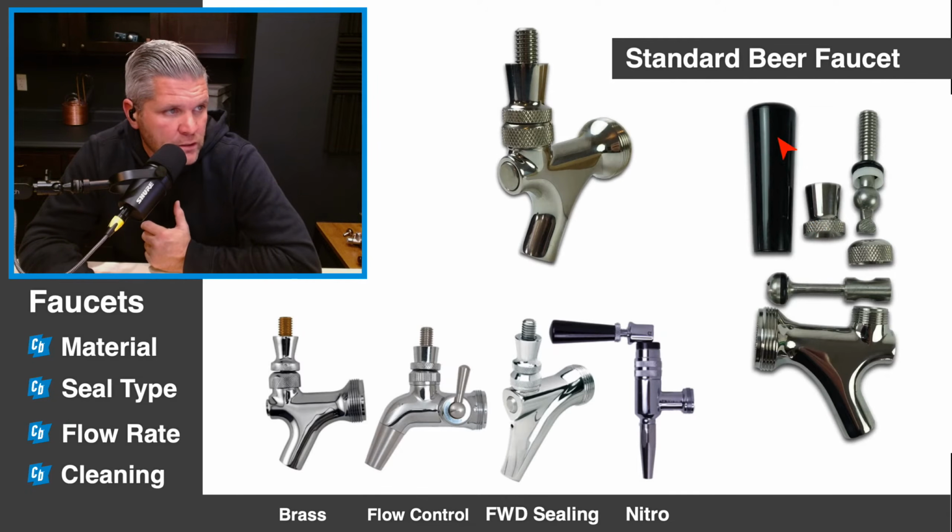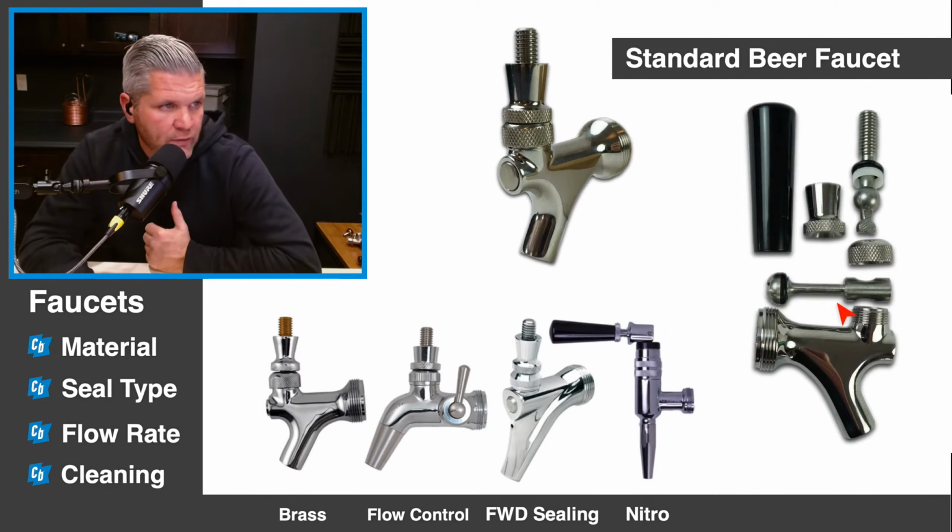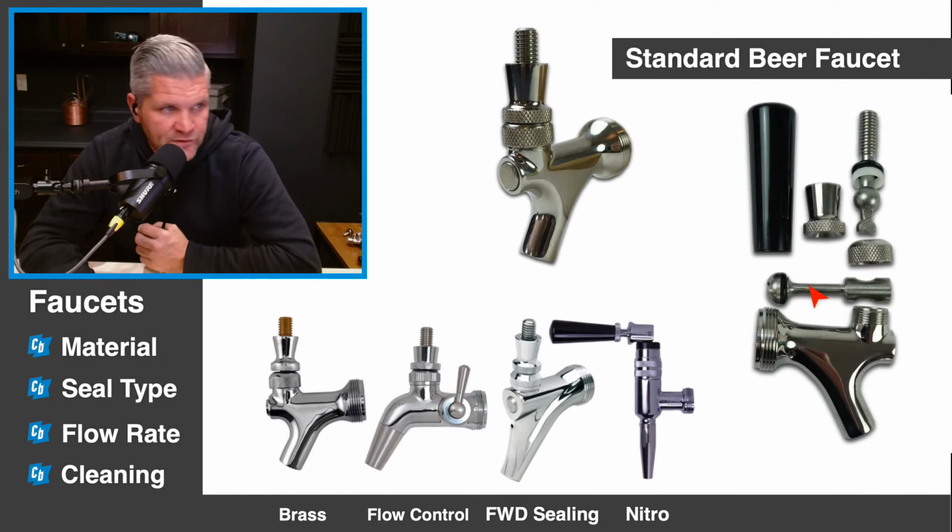That way, in case you have a really large tap handle that you need to get straight, what you can do is tighten your tap handle as far down as you can, and then back it off so it's straight looking at you. And then what you can do is you screw this up to the tap handle and it'll hold it in place. So if you're ever to pull a beer faucet apart, which we can do here shortly, the two main pieces are going to be the shaft that sits inside of it and then the lever that connects to the shaft here.